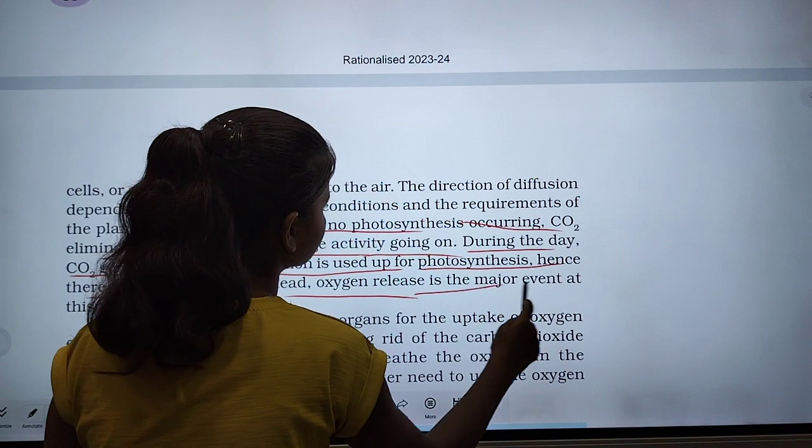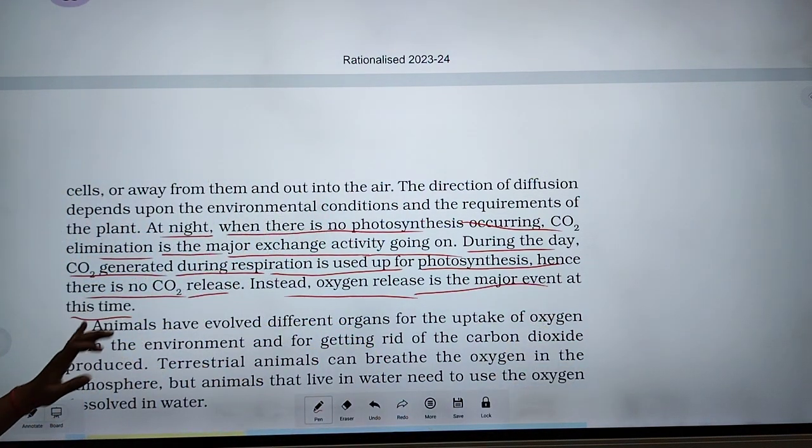Instead, oxygen release is the major event at this time.